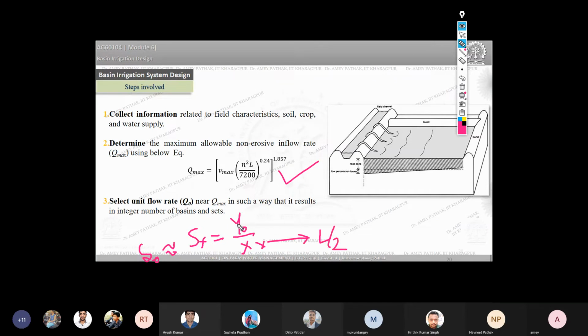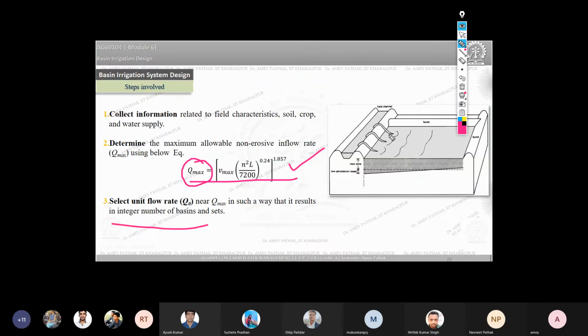So y0 by x goes here, and 2 will come here, something like that. So Qmax is given by this expression. Our flow should be below this Qmax. Select unit flow rate Q0, which should be near the Qmax, in such a way that the number of sets of basin we get is an integer number.